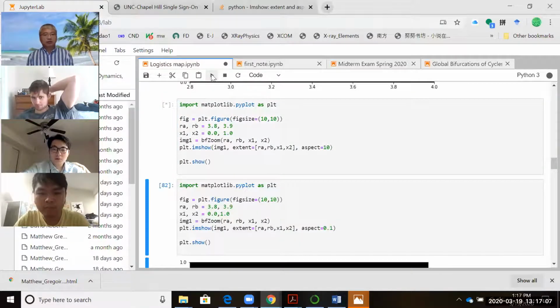So that's zooming on that portion of the graph. It will take a minute or so to run this.